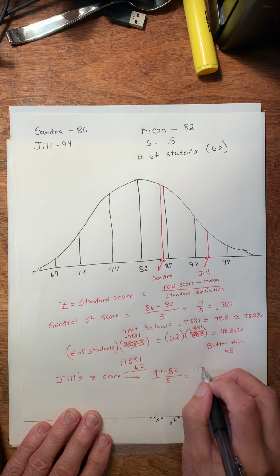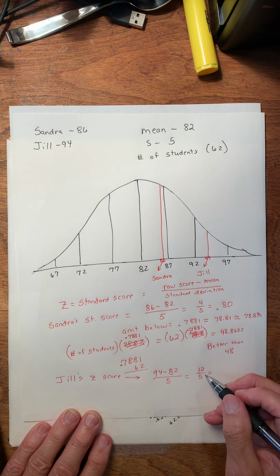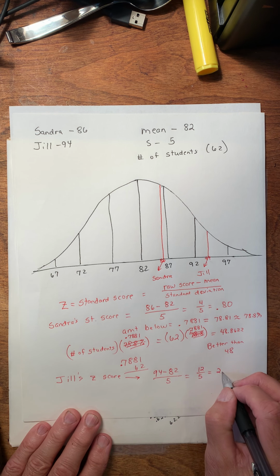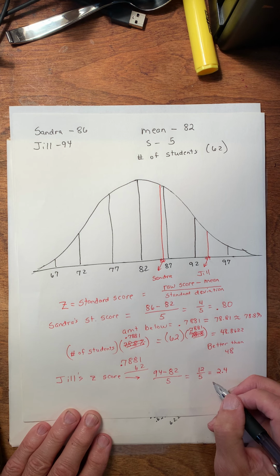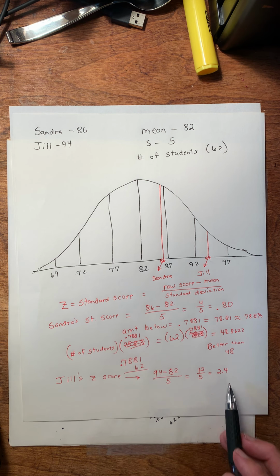So that's 12 over 5. That's 2.4. So her z-score is 2.4. And the chart only goes up to 3, so she did really, really well on the test.